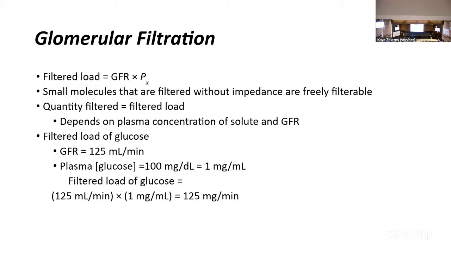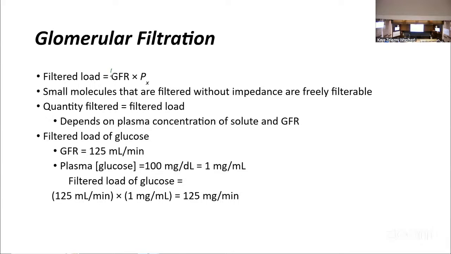So all we do for filtered load is multiply our rate of filtration, right? So how much fluid did we filter into the beginning of the nephron? We're going to multiply that times the concentration of whatever molecule we're interested in, as we might measure it in the blood, right?